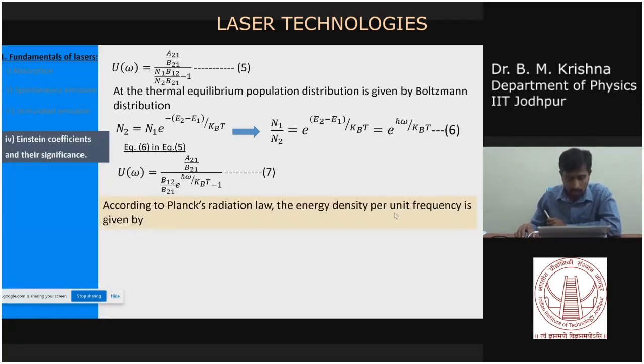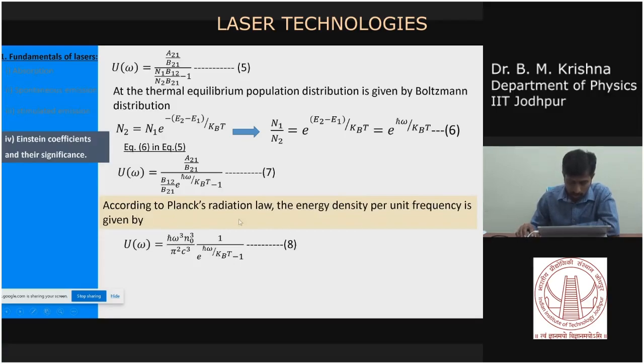According to Planck's radiation law, the energy density per unit frequency is given by U of omega equals h cross omega cubed n naught cubed by pi square c cubed times 1 by (e power h cross omega by kBT minus 1). This is Planck's radiation law, from which you can calculate the energy density.